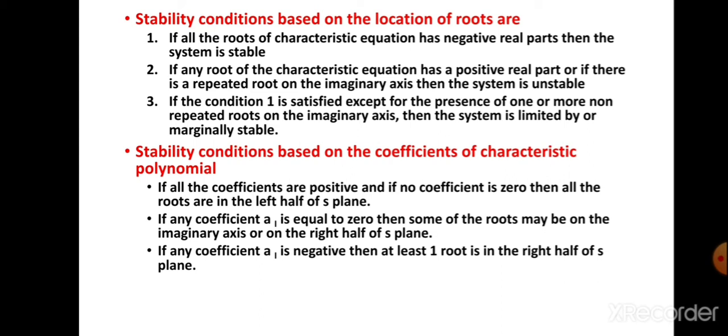So these are the conditions for stability when we are considering the roots of the characteristic equation.